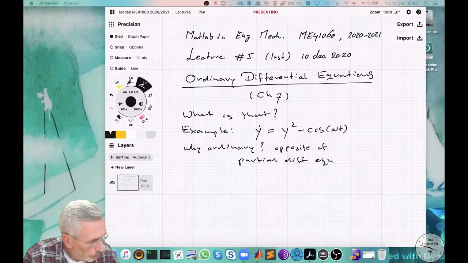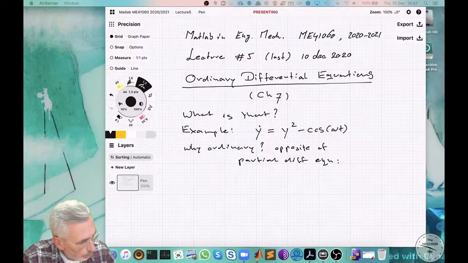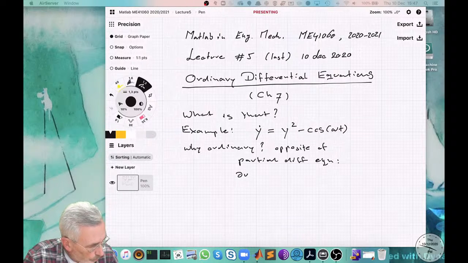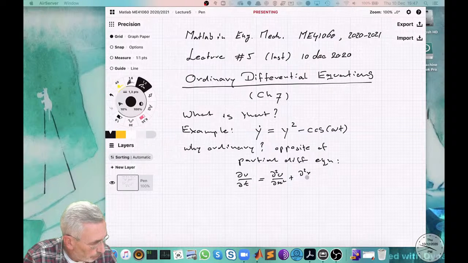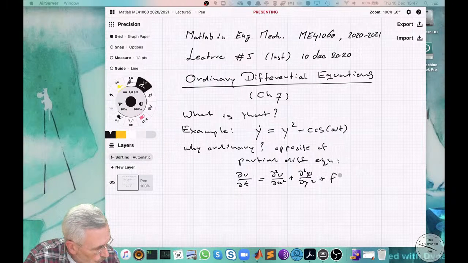And what is a partial differential equation? Let me give you again an example: du/dt equals (du/dx) squared plus du/dy, that should be u, sorry, plus a function of x and y.